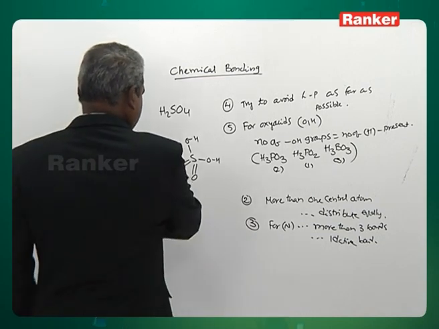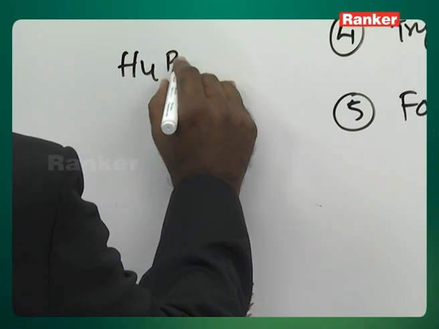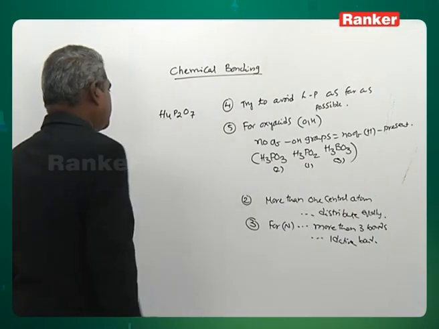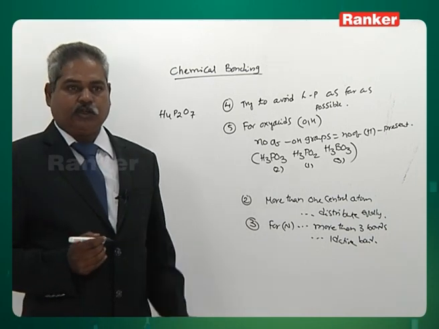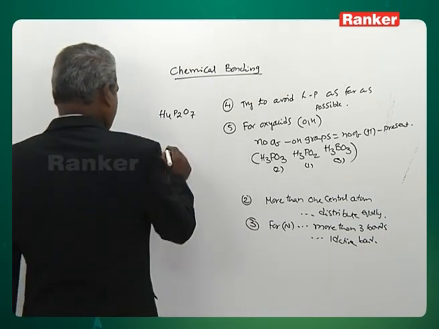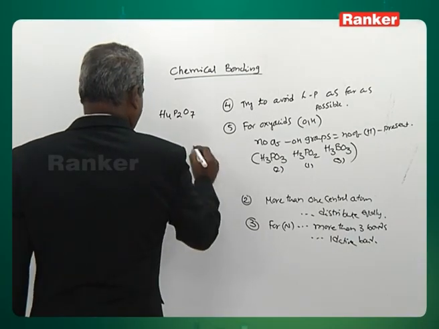Now, H4P2O7. What is it that you should notice? There are 2 phosphorus atoms, 2 central atoms. How many OH groups are there?